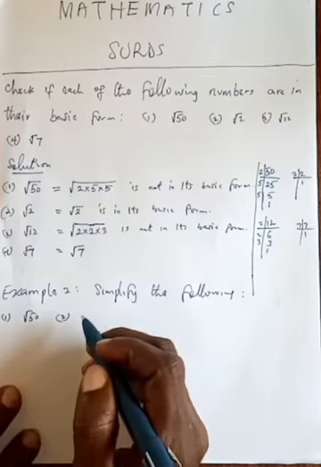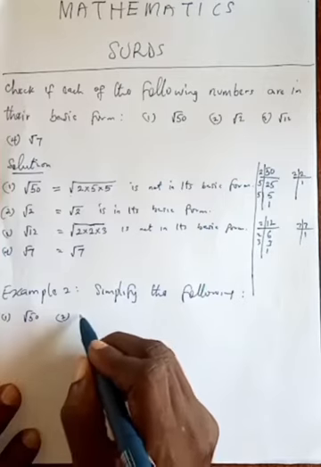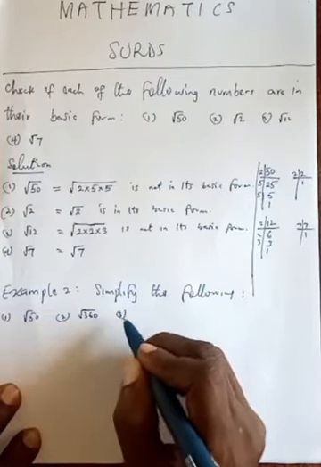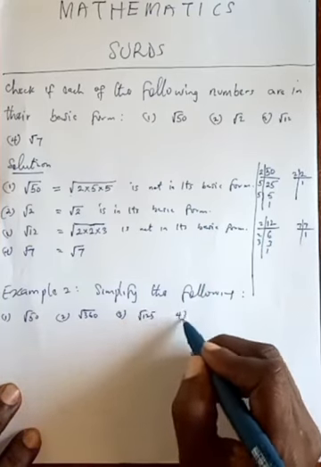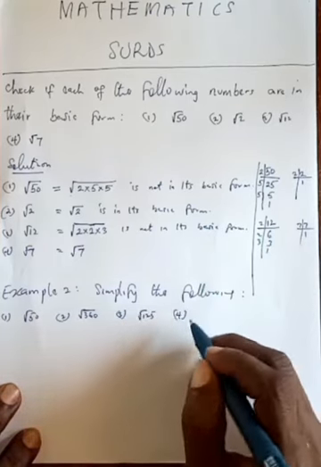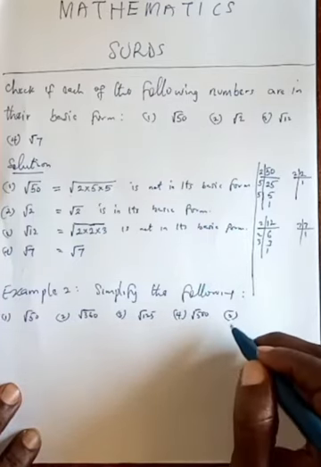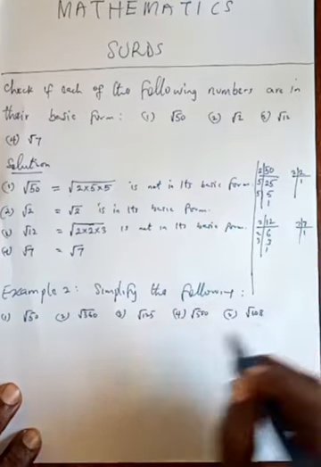Number 2, I have root 360. Number 3, I have root 125. Number 4, that is root 500. And finally, number 5 is root 108.